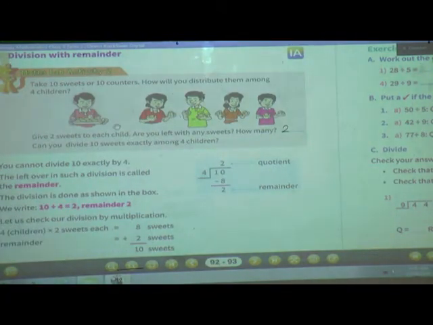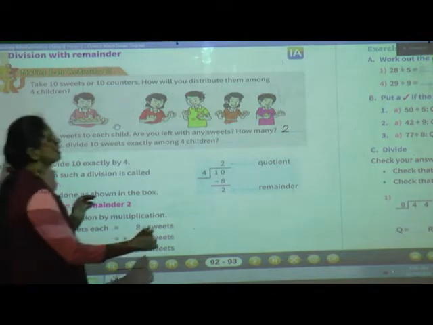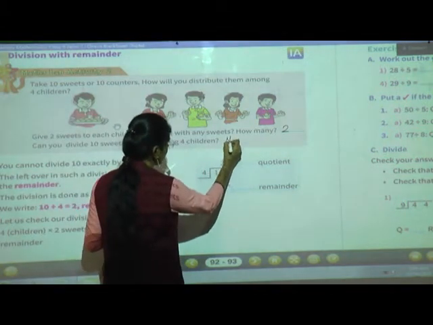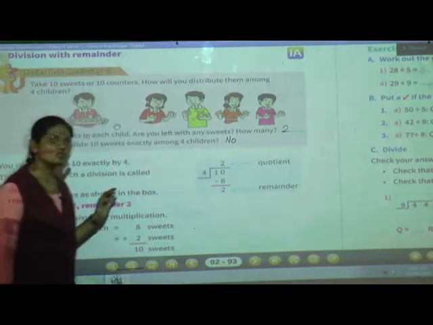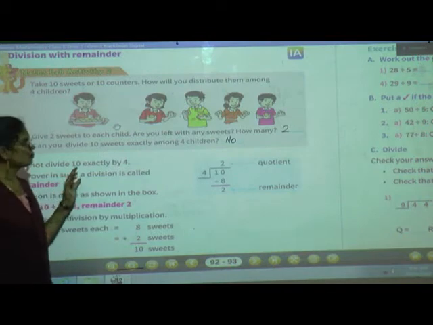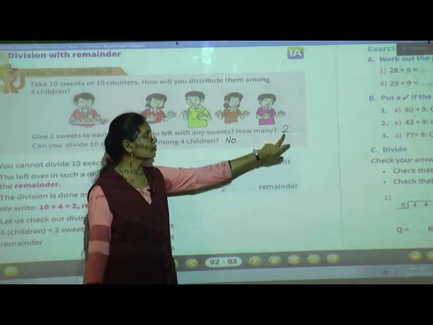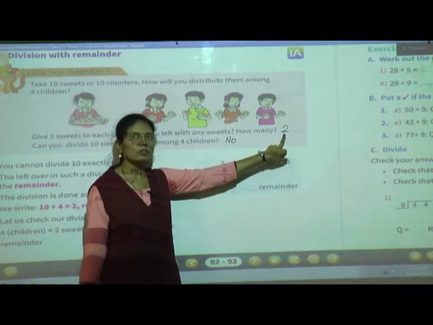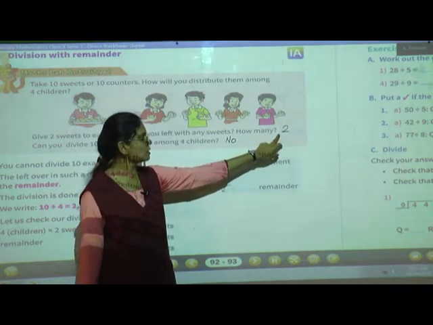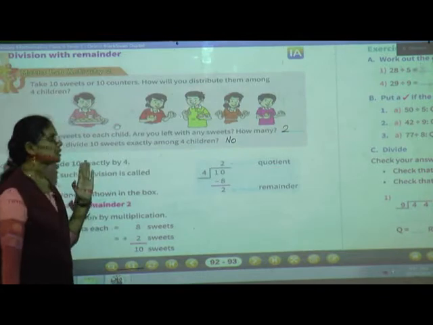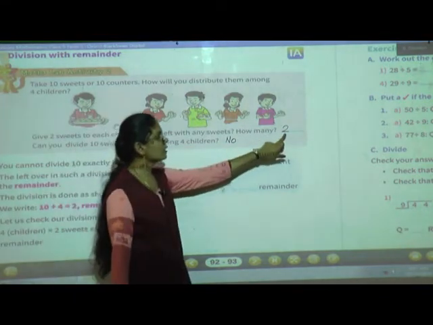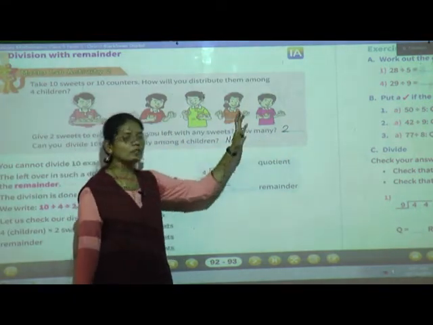Then can you divide 10 sweets exactly among 4 children? No, we cannot divide 10 sweets among 4 children, because when we distribute 2 sweets to each child, after that we have 2 sweets left with us. Those 2 sweets we cannot divide among 4 children.